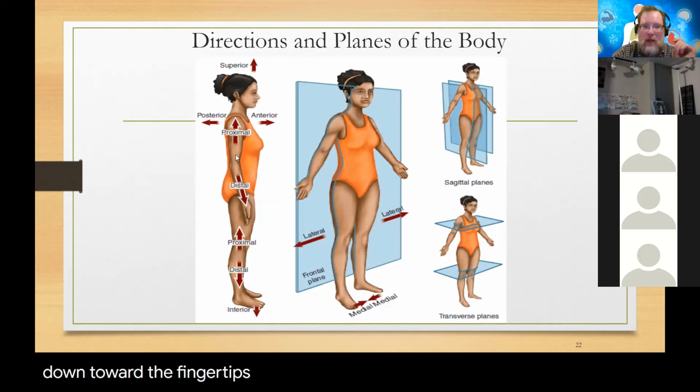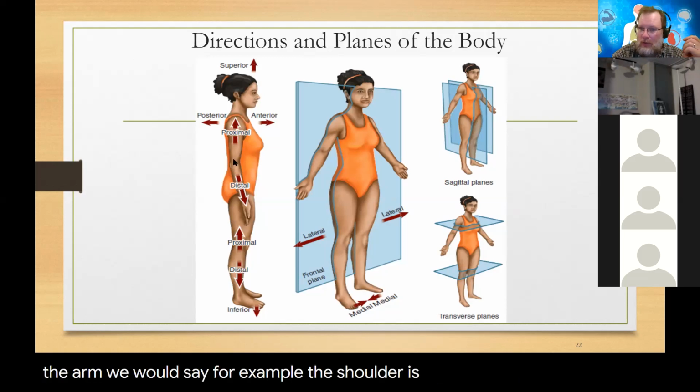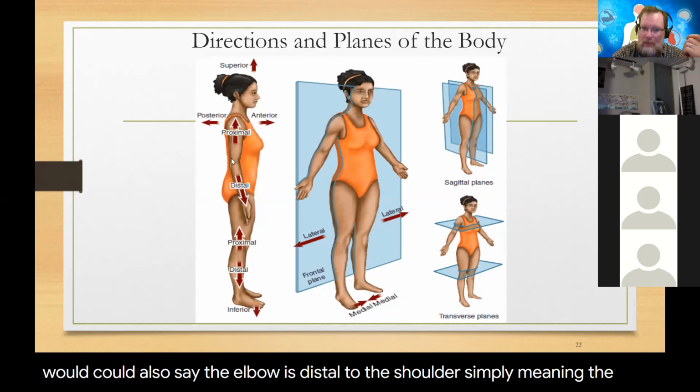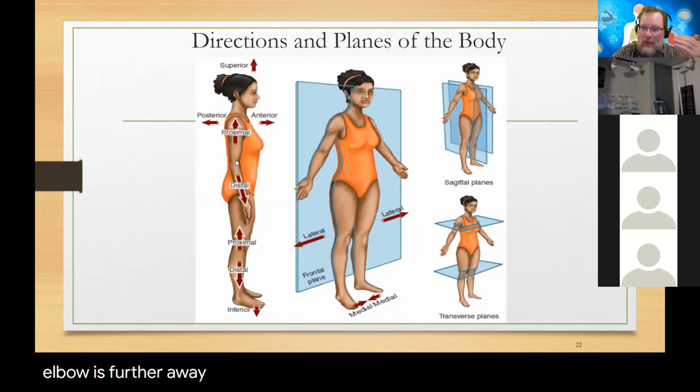So if we were going to compare structural aspects of the arm, we would say, for example, the shoulder is proximal to the elbow. Okay. Could also say the elbow is distal to the shoulder, simply meaning the elbow is further away from the attachment of the arm than the shoulder is.